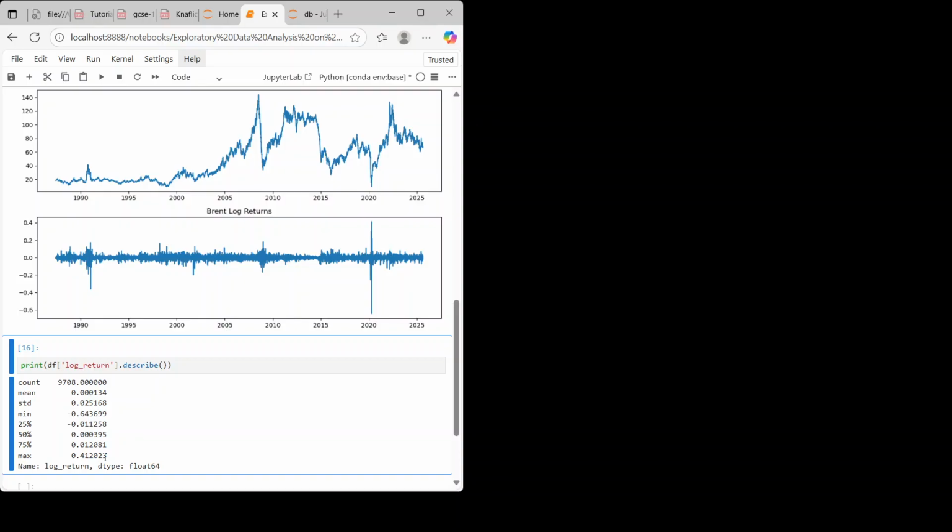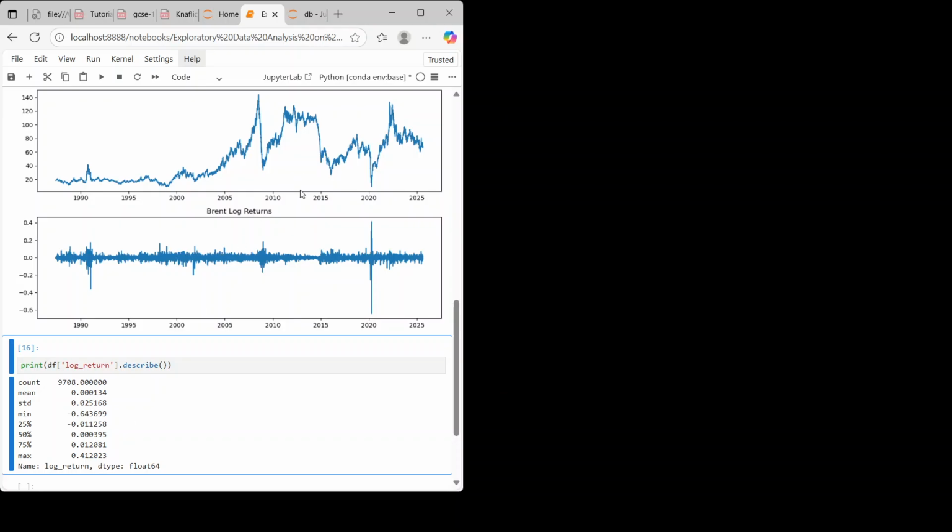Because if it is very small, then we can confidently say that we can use the data to predict. But for an interval between negative 64% and positive 41%, it means it is very volatile.